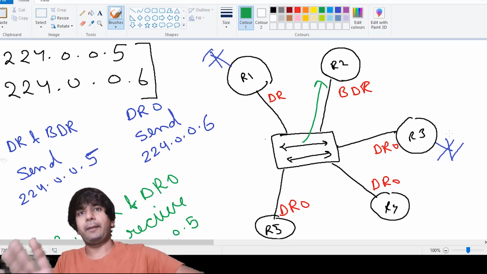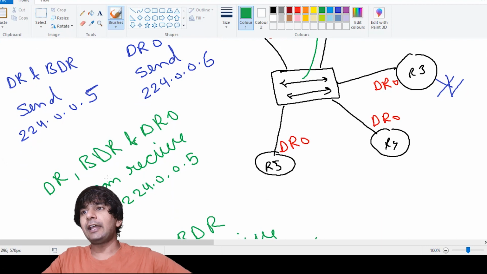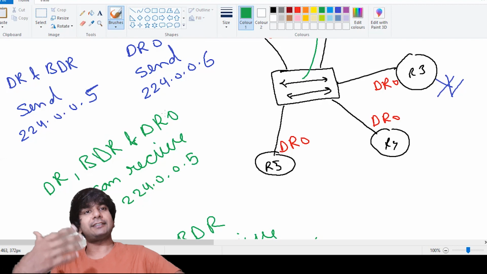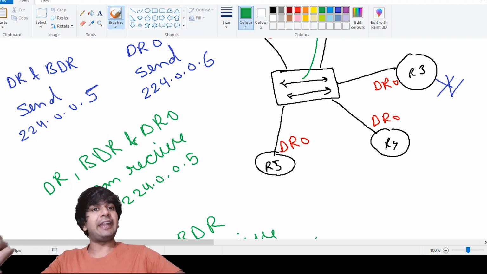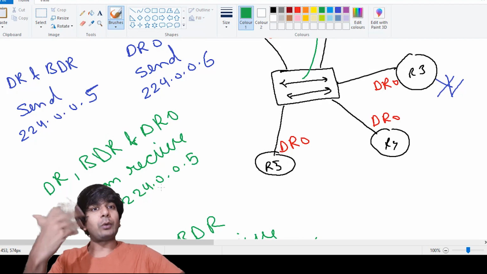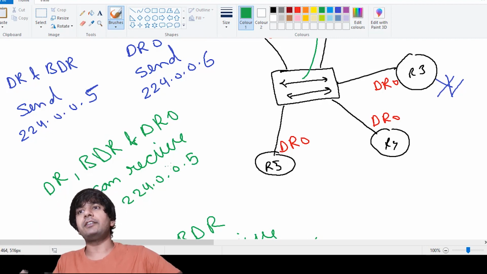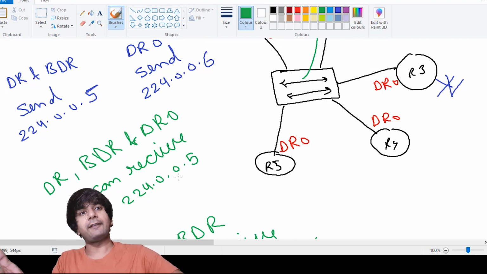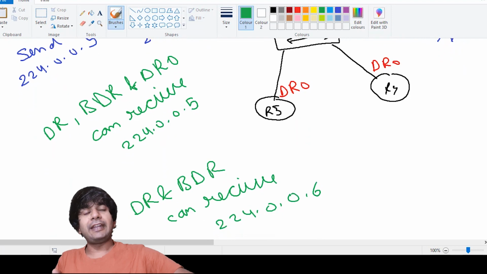In the receiving part, DR, BDR and DROther, everyone can accept update packets, I mean routing update packets, which have a destination multicast address of dot 5. But for the routing update packet which has a destination multicast address of dot 6, only these two routers, DR and BDR, can accept that.